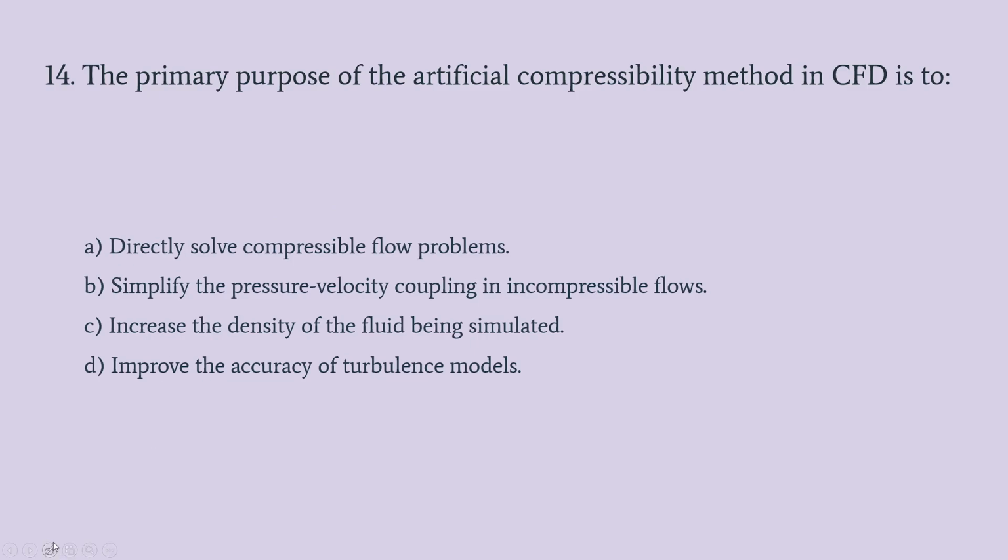Question is, the primary purpose of artificial compressibility method in CFD is to. So the question is on artificial compressibility method. The question is about its primary purpose. What is the need of an artificial compressibility method in CFD? Options are: A, directly solve compressible flow problems.